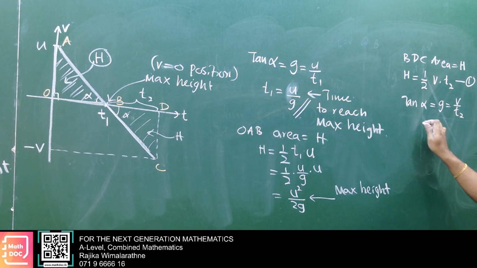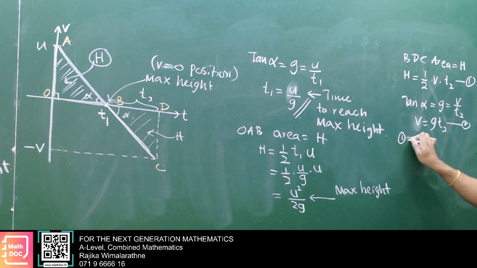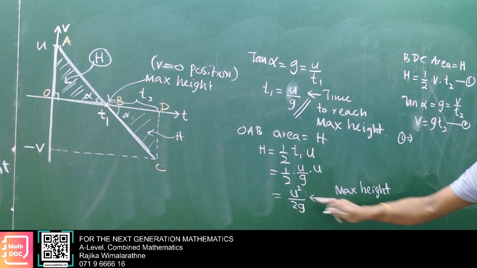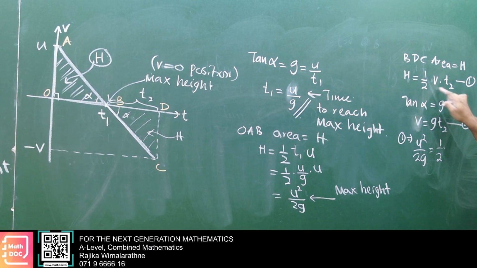Then you write here V equal gT2. Now take first term again, H value we know that u squared over 2g, 1 over 2, V value, here V value gT2 times T2.